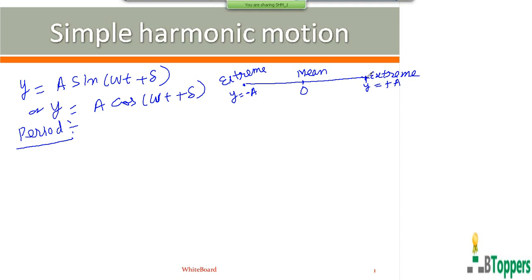I mean, if the particle moves from one of the extreme positions to the other extreme position, then again travels back to the same extreme position, you can say that it has completed one oscillation.